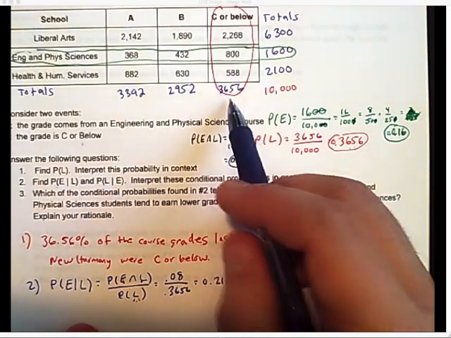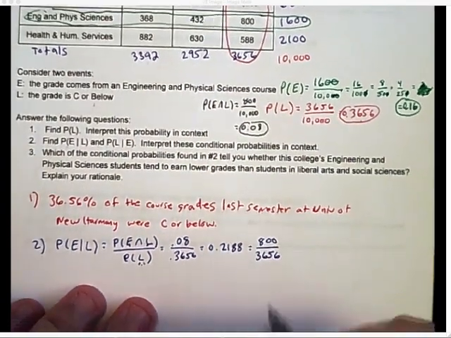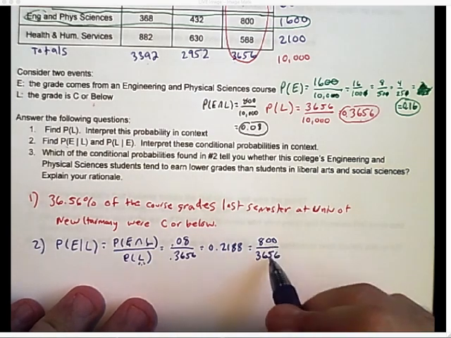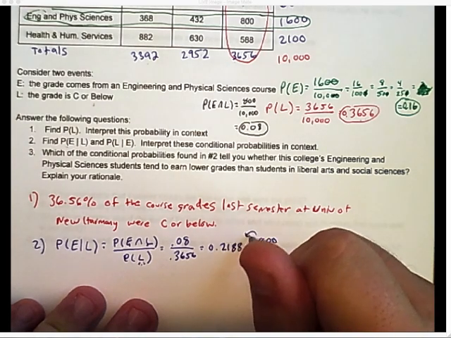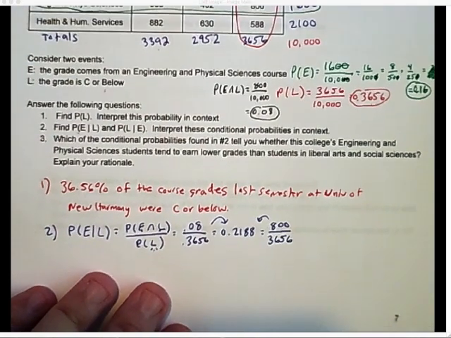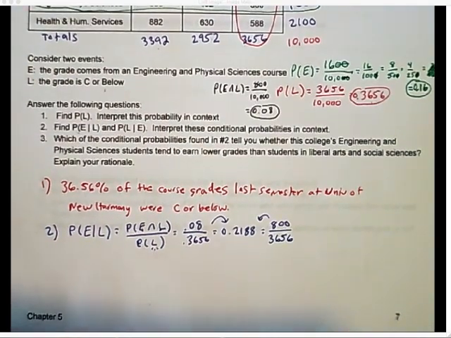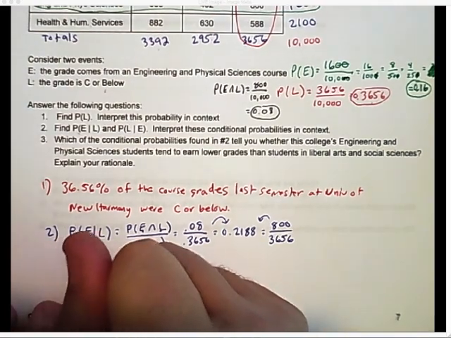Well, that's 3656. So if you do 800 divided by 3656, you get exactly the same number. So you can use the actual probabilities or you can use the raw numbers that are in the table. All right, likewise, let's do the next one, L given E.